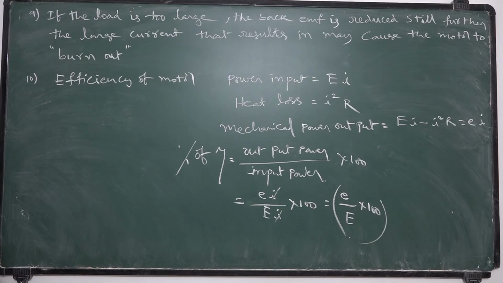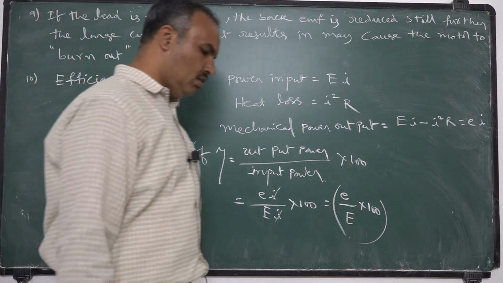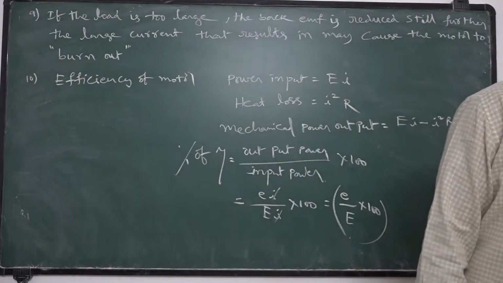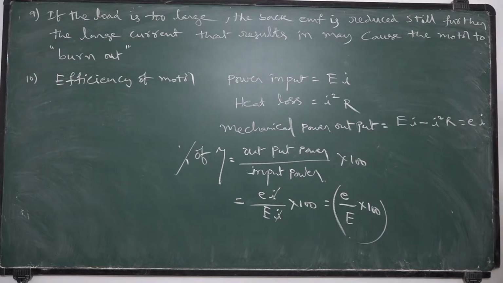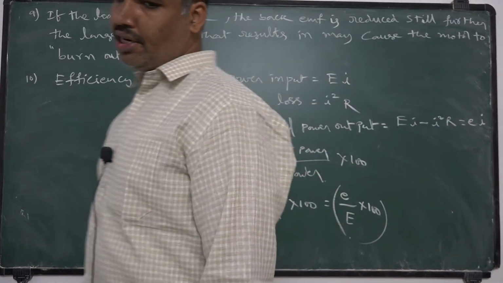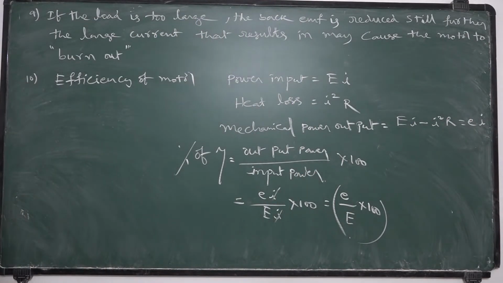If efficiency is nearer to 100%, it is considered an ideal motor. But no motor is ideal. Some part of input energy is wasted in the form of heat. So you take these formulae and these theoretical points into consideration to answer any question based on DC motor.